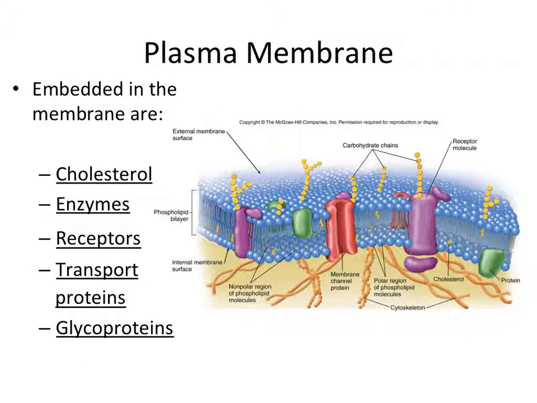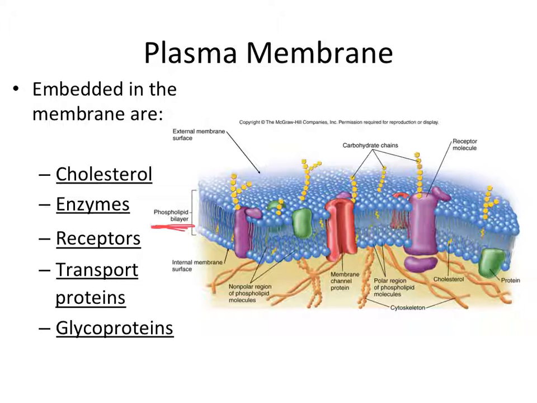Now, the second function of the plasma membrane was to control cellular activities, and it does this because of all the proteins it has embedded within the plasma membrane. So, if you'll notice this photograph, you can see the basic framework of the membrane, again, is this phospholipid bilayer with the polar heads and nonpolar tails.